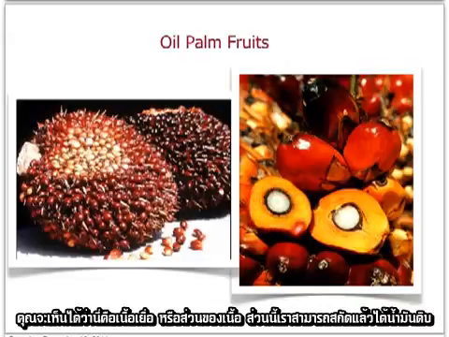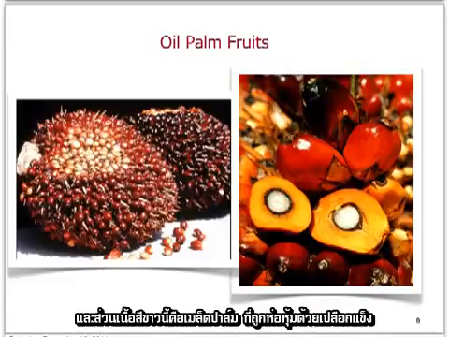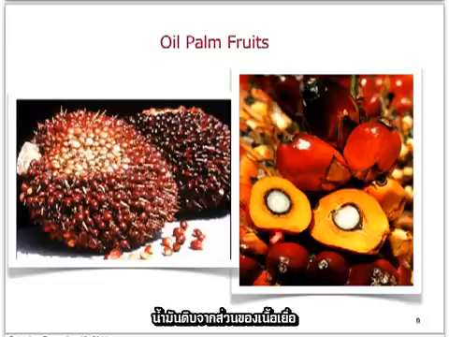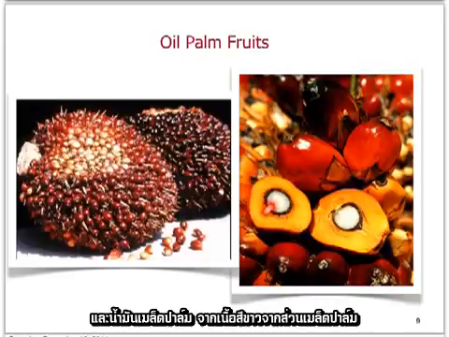This is the part from which we can get the crude palm oil, and the white flesh is the palm kernel, surrounded by the hard shell. So we can get two types of oil here: the crude palm oil from the mesocarp and the palm kernel oil from the white flesh or the kernel part.